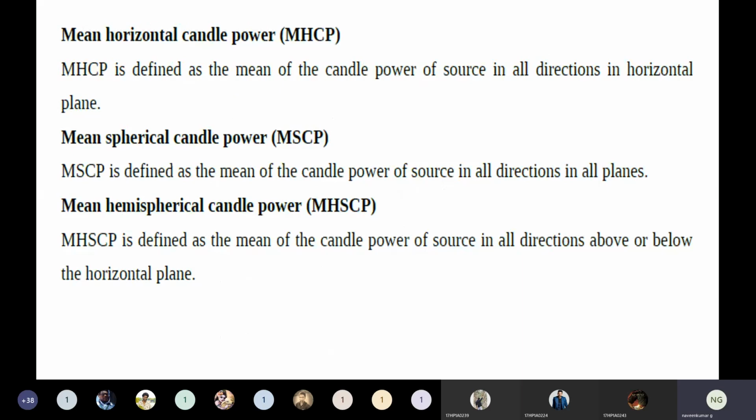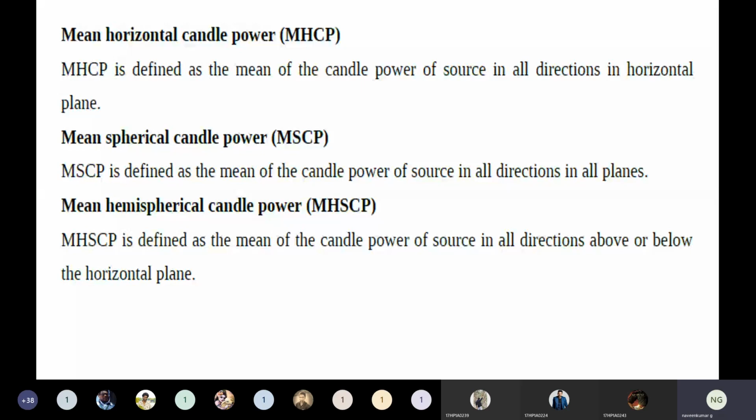So next definition is mean horizontal candle power, defined as MHCP. MHCP is defined as the mean of the candle power of the source in all directions in a horizontal plane. When you are considering a surface, you are intersecting the surface with a straight line, you get an upper hemisphere and a lower hemisphere. Similar to your earth you have an equatorial plane or an equator, as you call it. So above the equator and below the equator we have two surfaces.